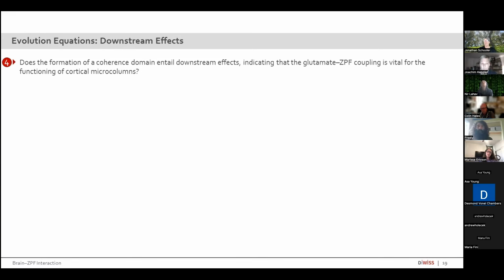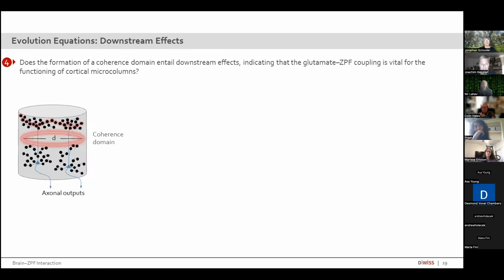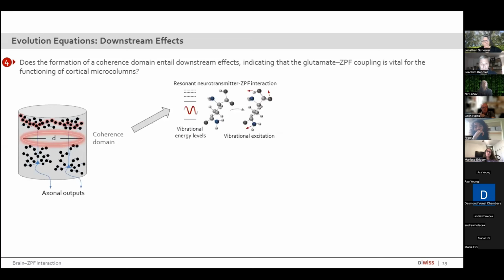And of course, a crucial question which arises is, does the formation of a coherence domain entail downstream effects, indicating that the glutamate zero-point field coupling is vital for the functioning of the microcolumn? And yeah, it does result in downstream effects.